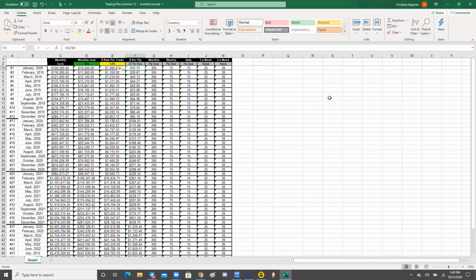You're using about a 3 lot size for a 100K account, and you only have to profit 75 pips a week, 300 pips in a month. Okay, so 75 pips in 1 week, and you're good for that week. So 75 pips a week on a 3.33 lot size.